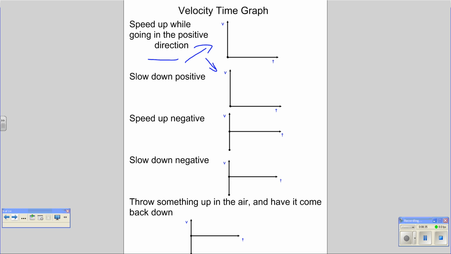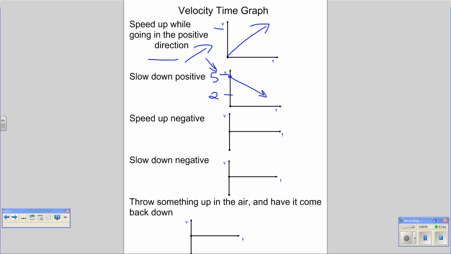So let's say you're speeding up while going in the positive direction. So you're going in the positive direction, so you're in the positive part of your graph, and you're speeding up, so your velocity is increasing. If you're going in the positive direction, but slowing down, then your velocity is getting smaller. So let's say this is number 5, and this is number 2. You got smaller, your velocity got smaller.